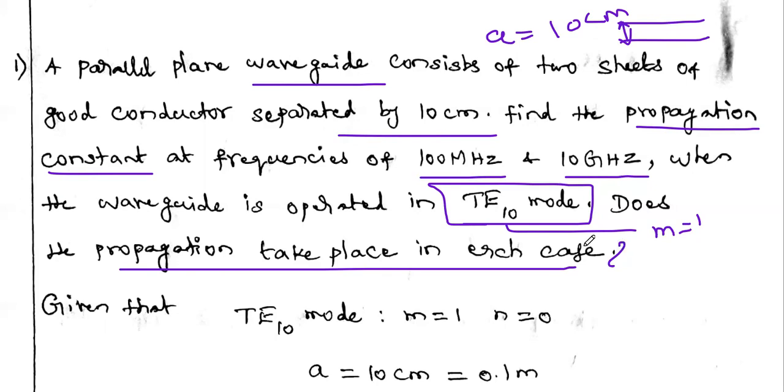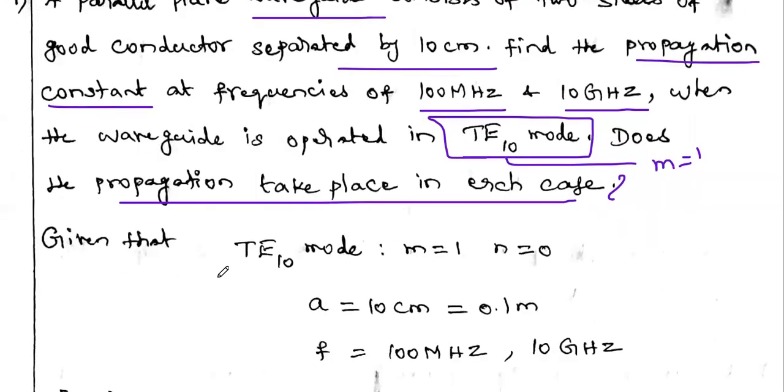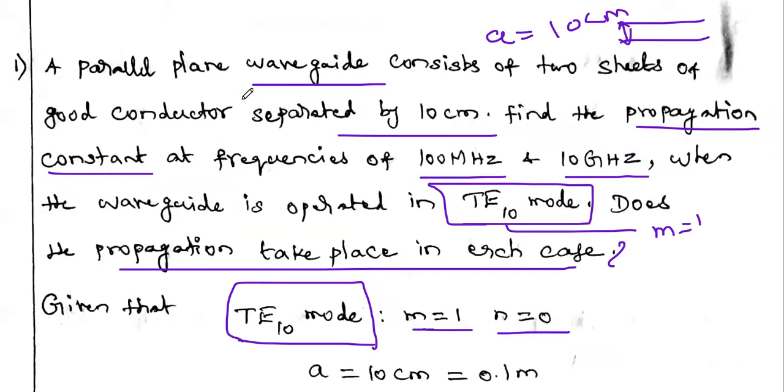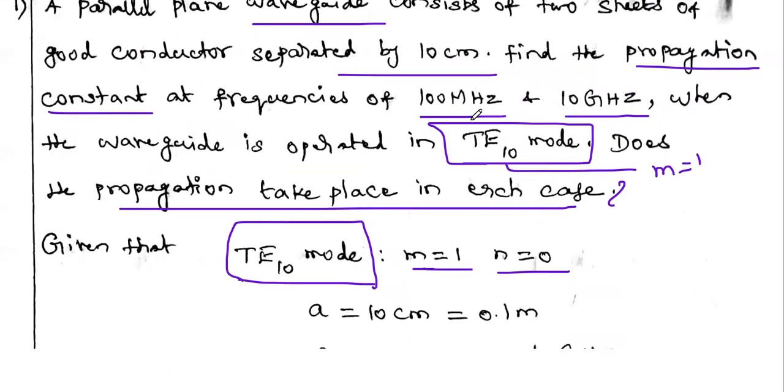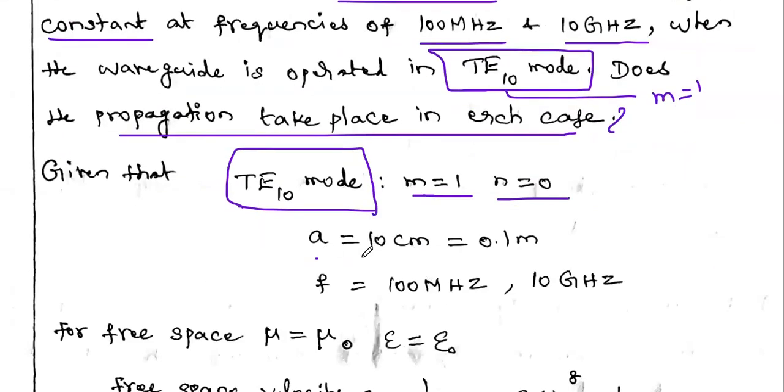First we have to note down the given data. First, TE10 mode. From the TE10 mode, we determine the values of m and n. So m is 1 and n is equal to 0. Then the next one, the separation between the two parallel plates is 10 centimeter, which is a.